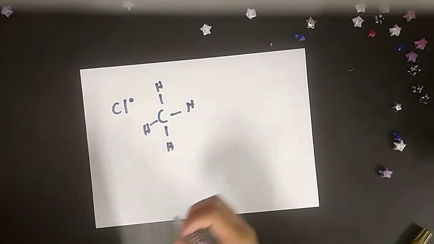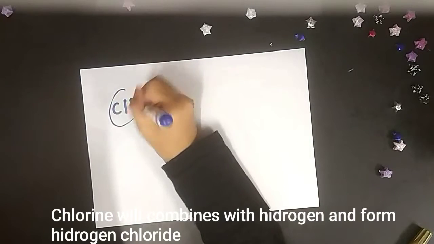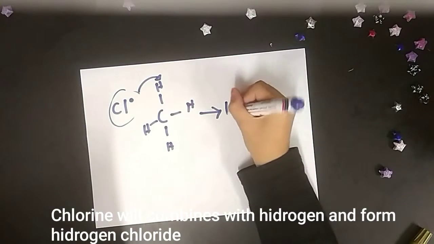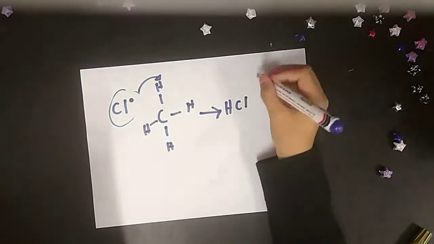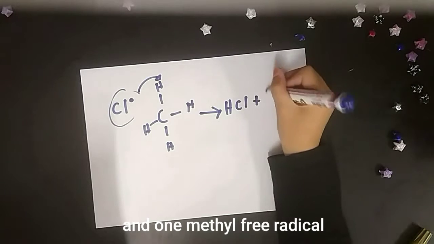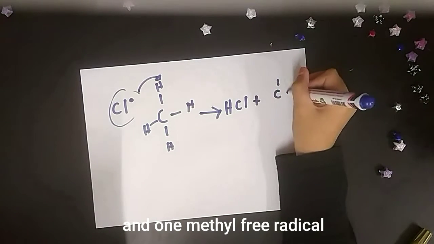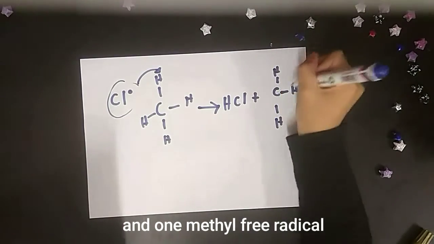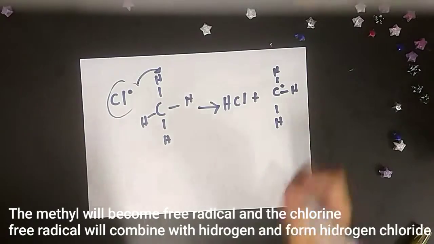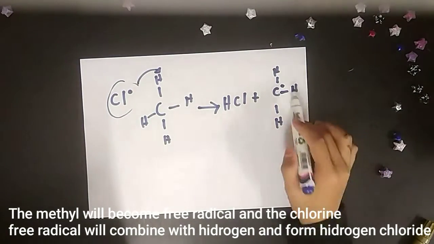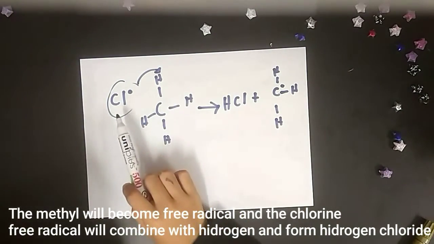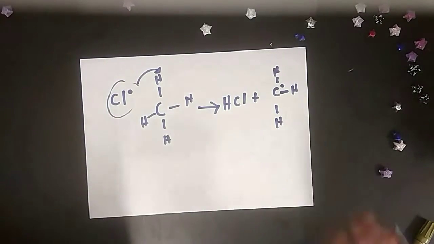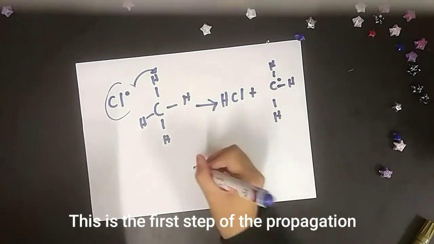Chlorine will combine with hydrogen and form hydrogen chloride and one methyl free radical. So the methyl will become a free radical and the free radical of chlorine will combine with hydrogen and form hydrogen chloride. This is the first step of the propagation.